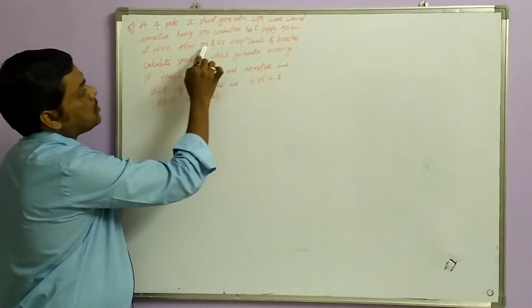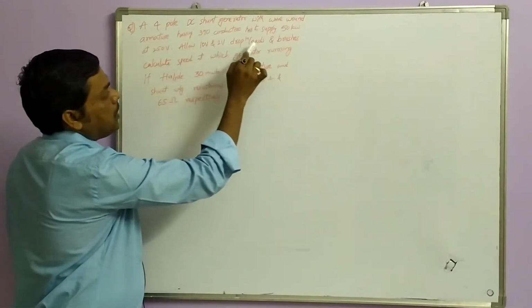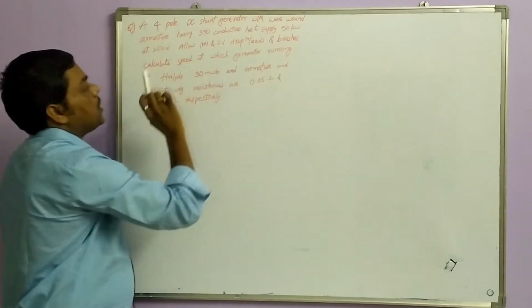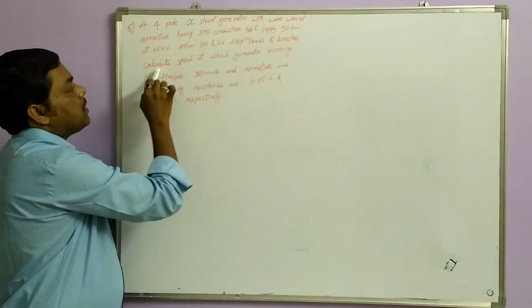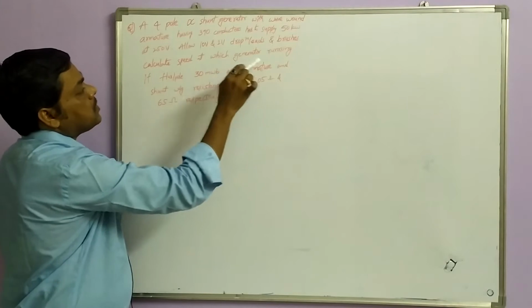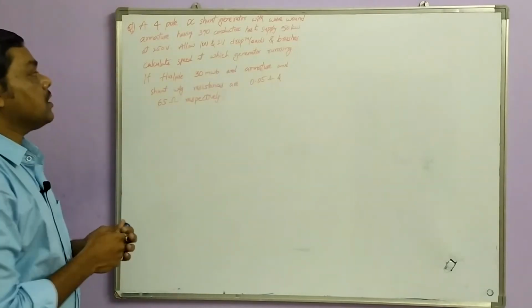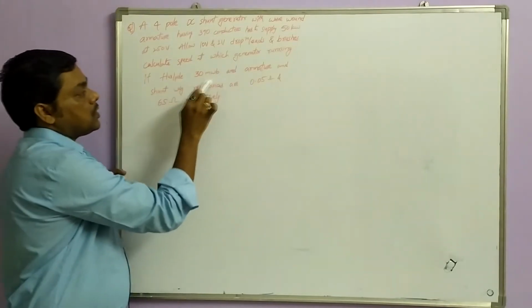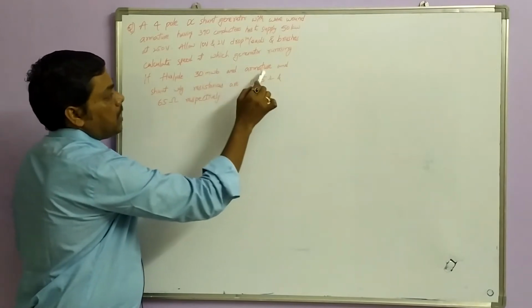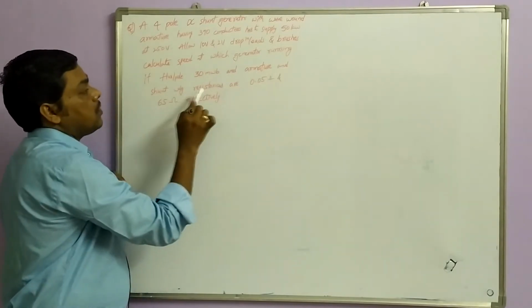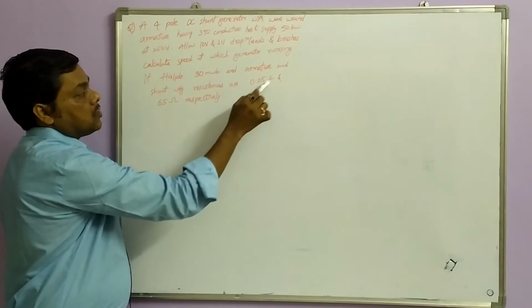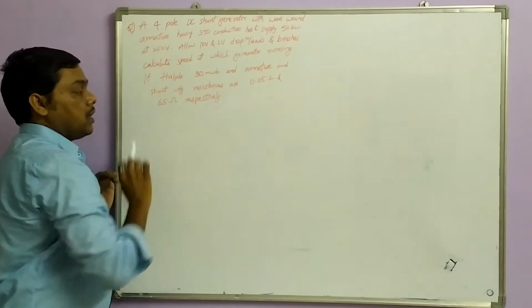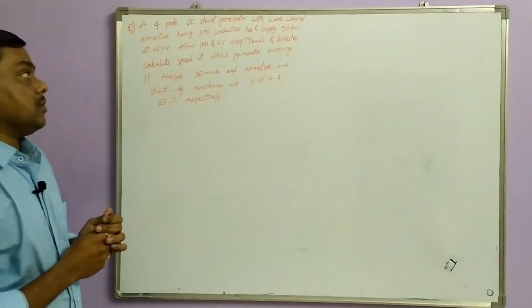Allow 10 volts and 2 volts drop in leads and brushes. Calculate the speed at which the generator is running if the flux per pole is 30 milliwebers and armature and shunt field winding resistances are 0.05 ohms and 65 ohms respectively.